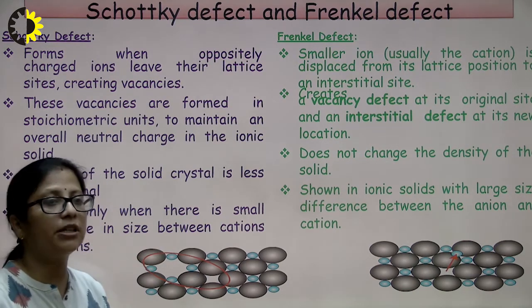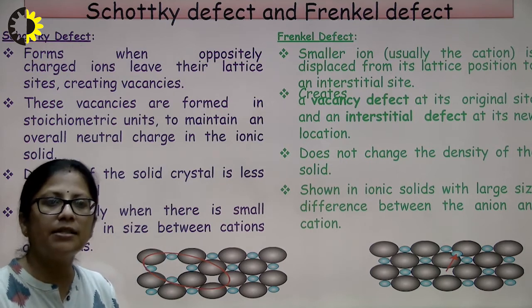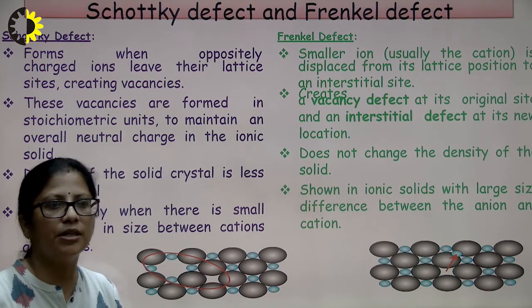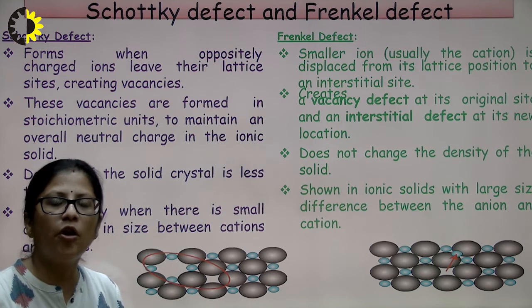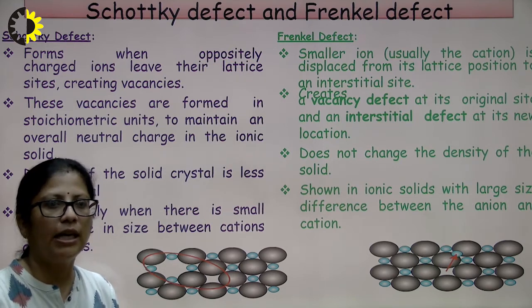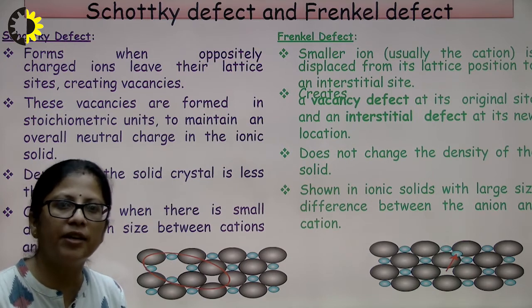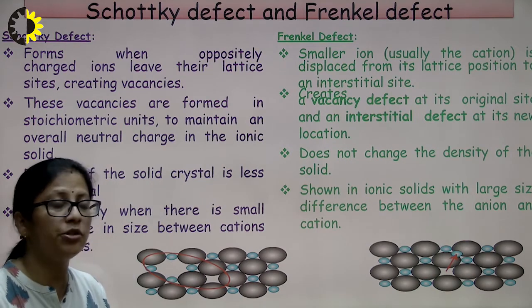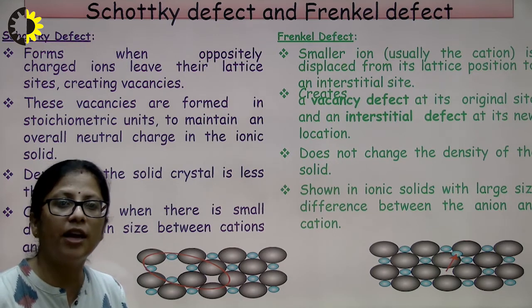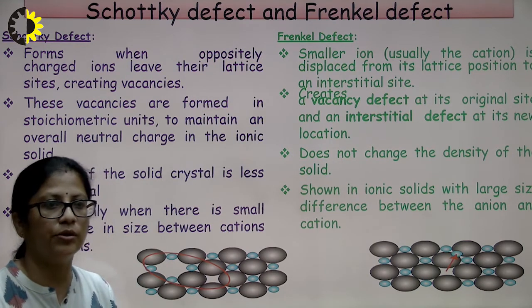In the case of Schottky defect, these vacancies are formed in stoichiometric units to maintain an overall neutral charge in the ionic solid. And the Frenkel defect creates a vacancy at its original position and an interstitial defect at its new location.